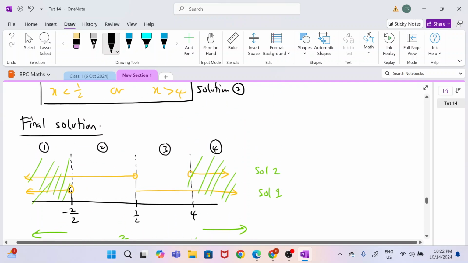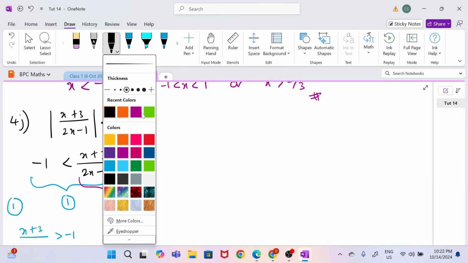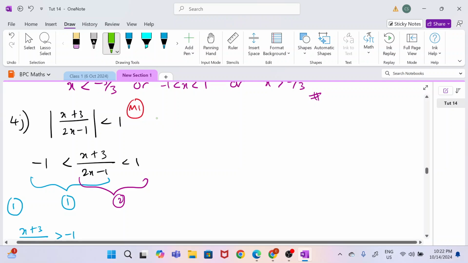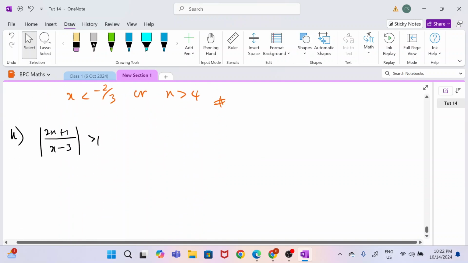Just now, which formula did I use? Here I use this formula. That's how I split this. Now for this part, which type of inequality am I going to use to expand this? That would be x greater than a, or x less than a.